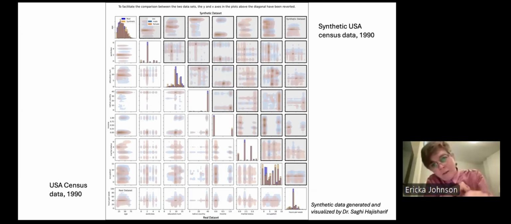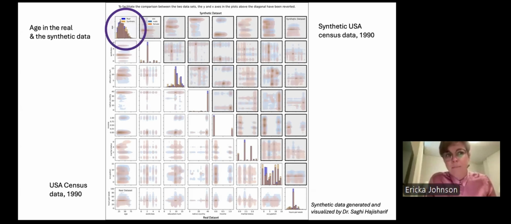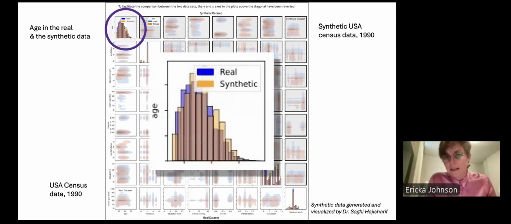And the diagonal through with the bar charts, those are the statistical representations of the real and the synthetic at the single attribute level. So for example, here we see the age in the real data and the synthetic data. And the brown is the overlap, right? And you can see that at the single attribute level, the synthetic data is fairly close to the real data.